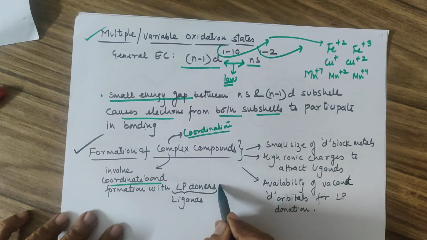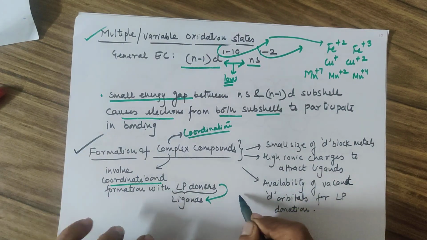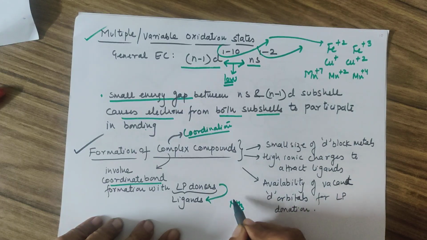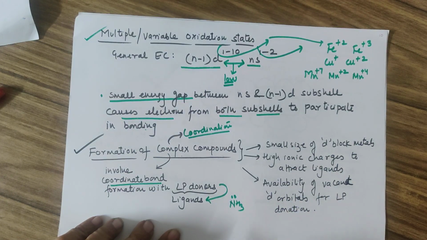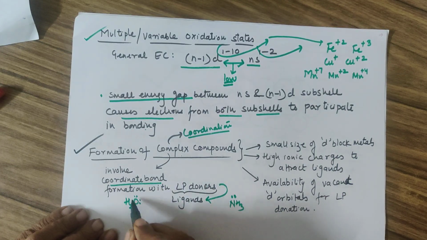Such a lone pair donor in coordination compounds is known as a ligand, which means a compound like ammonia is called a ligand because it has a lone pair to donate. A compound like water is also a lone pair donor because it has two lone pairs, so this is also known as a ligand.